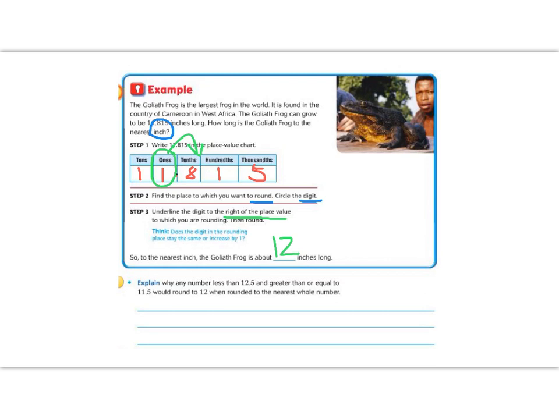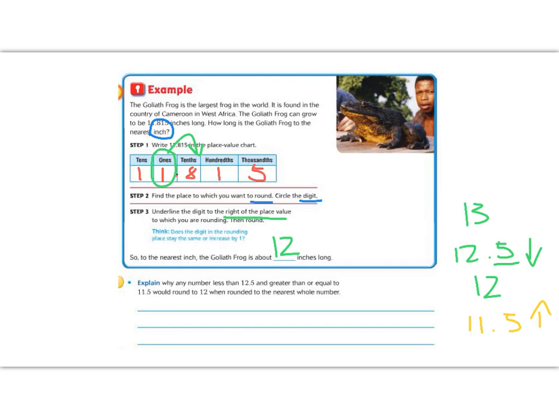Explain why any number less than 12.5 and greater than or equal to 11.5 would round to 12 when being rounded to the nearest whole number. So if we're looking at 12.5 and we look at this place value, 5 would make us round up to maybe 13, but probably it's not very high. We would round down to 12. Or if we had the number 11.5, that would make us round up to 12.